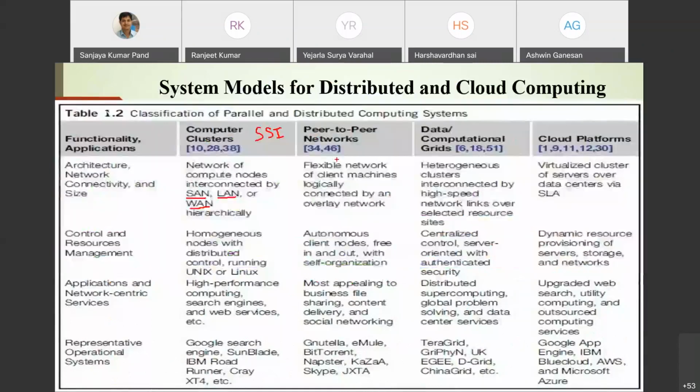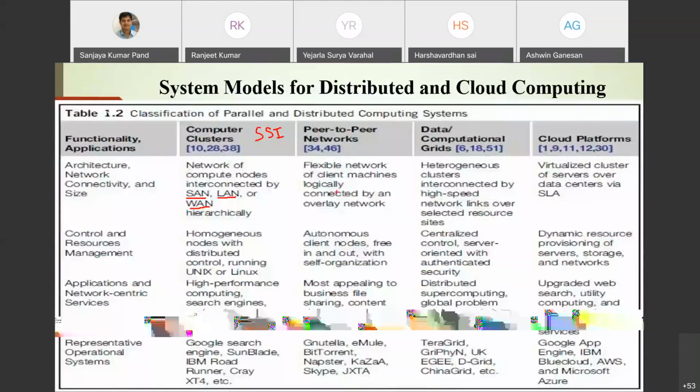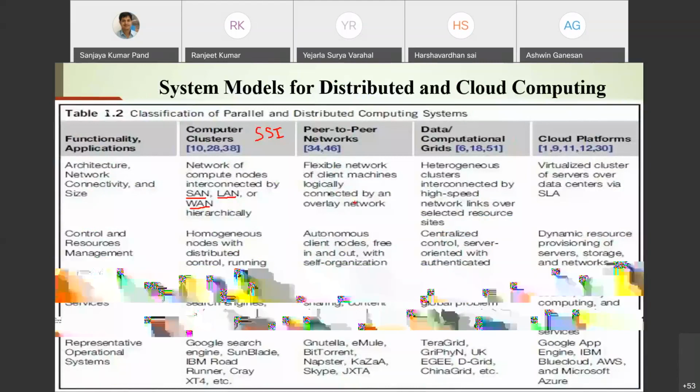That's why, in order to avoid that, we use the P2P system. So it is a flexible network of client machines logically connected. I will tell you how the physical network and the logical network, or overlay, are different.